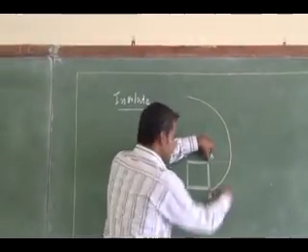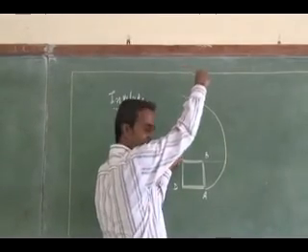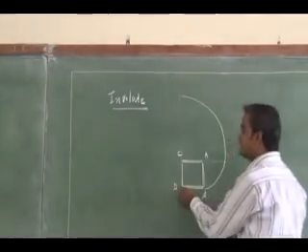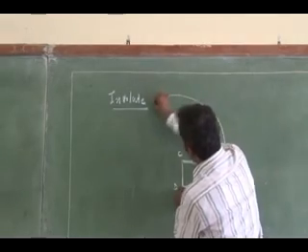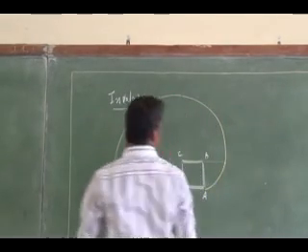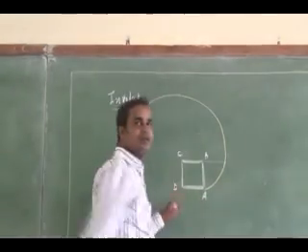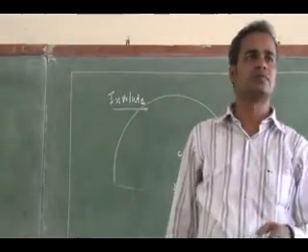From B as center, I can open it. From C as center, the same thread is opened like this. Okay. B as center, the same thread is opened like this. Right. Up to this. So this path is nothing but the cycloidal path.